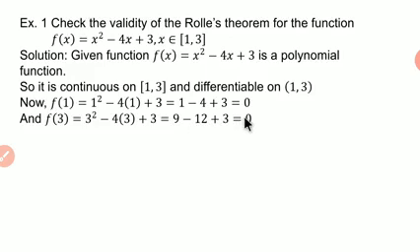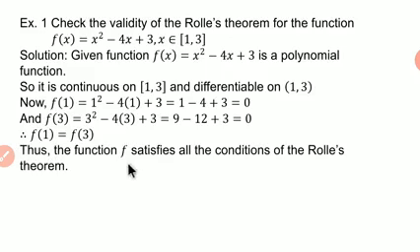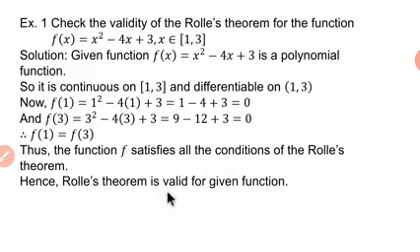It is 0. Now we get here f of 1 is same as f of 3. That means here we observe all the three conditions get satisfied here. Thus the function f satisfies all the conditions of Rolle's theorem and hence Rolle's theorem is valid for the given function.